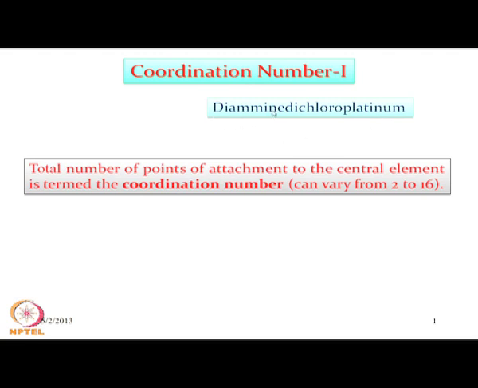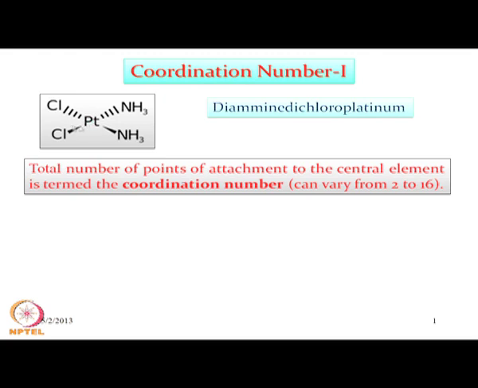We have 2 amine ligands and 2 chloro ligands. So, we have these 2 chloro and 2 amine, and this particular molecule is in cis form. That means 2 of the chlorine atoms are in the 90-degree position, they are not 180 degrees apart.